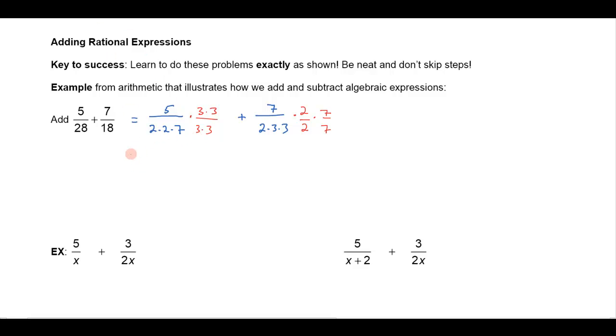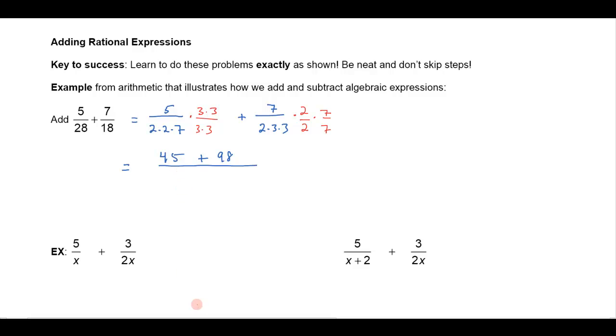And now when I go to complete the addition, I can see that I've got 5 times 9 right here, so that's going to be 45. And then I can combine the numerators over this common denominator over here. I've got 7 times 7 is 49. 49 times 2 is 98. And then here I've got 4 times 7 times 9.